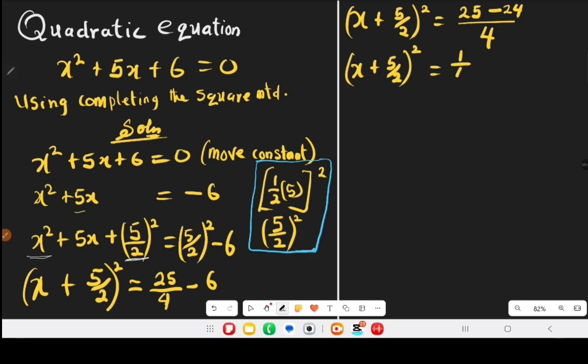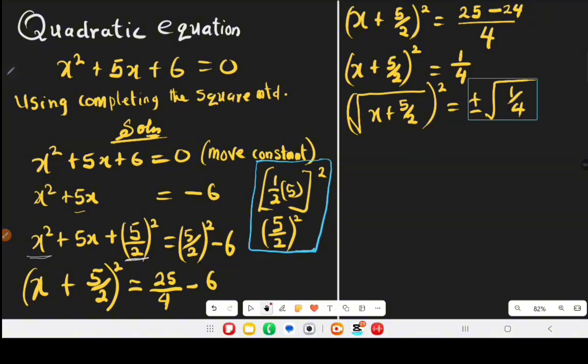Taking the square root of both sides, we have the square root of x plus 5 over 2 all squared equals plus or minus the square root of 1 over 4. And when we do that, the square cancels the square root, giving us x plus 5 over 2 equal to plus or minus 1 over 2. Now we collect the like terms.